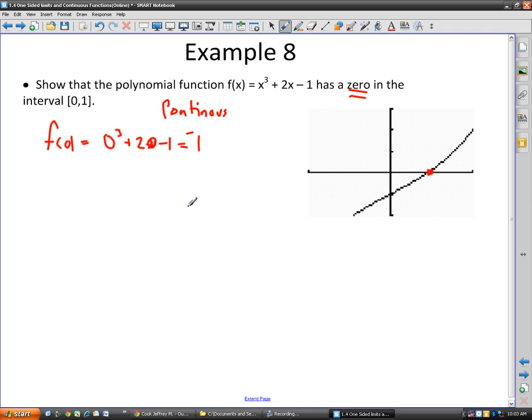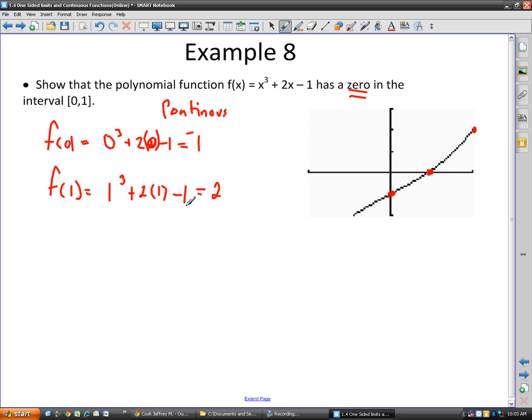If I plug in 1 into the function, I get 1 cubed plus 2 times 1 minus 1, which gives me the value of 2 at 1. You can see it right there. When I was at 0, I'm down here at -1. When I'm at 1, I'm up here at +2. So somewhere between 0 and 1, there must be a 0 of the function, a place where it's crossing the x-axis.